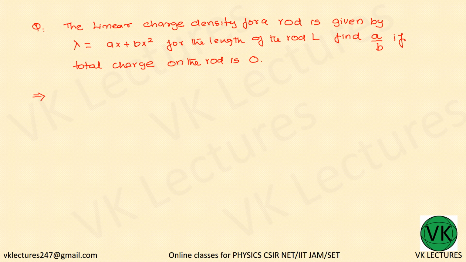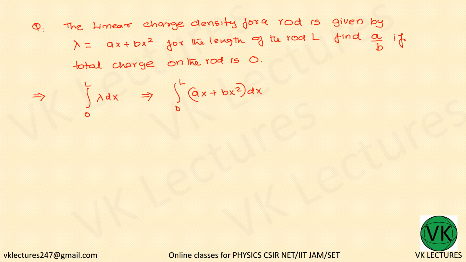So the total charge on the rod is integral lambda dx, and the rod has a length ranging from 0 to L. That is given by integral 0 to L of lambda, which is ax plus bx square, dx.